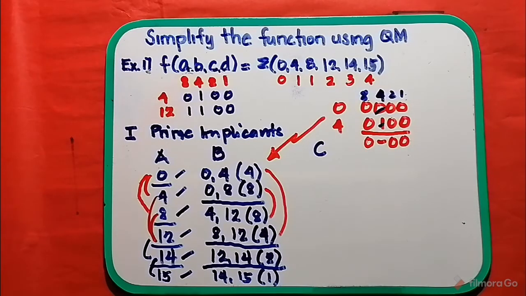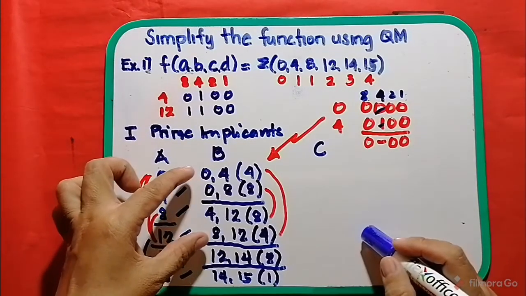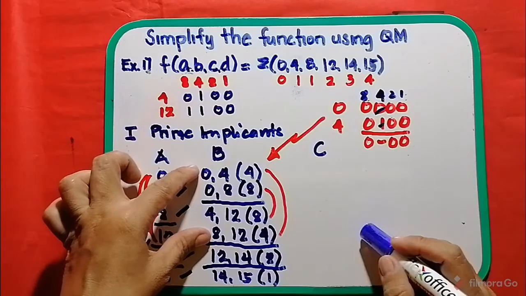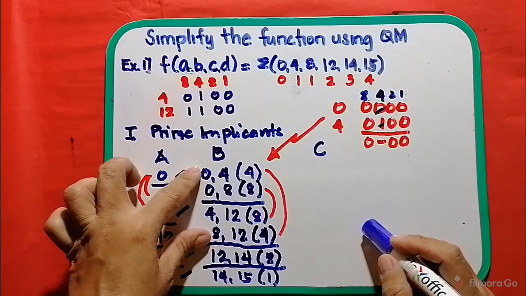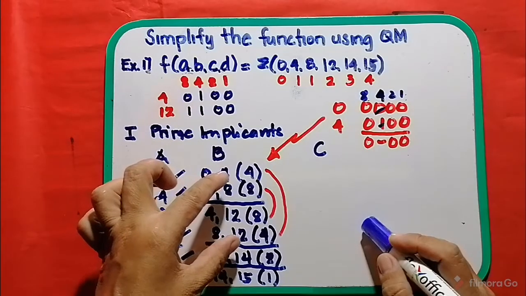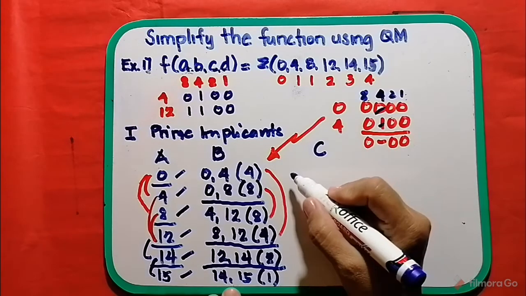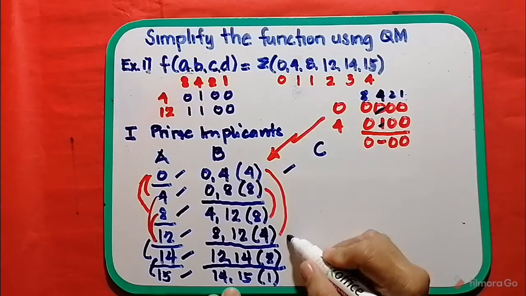Okay? So, the next, same procedure, we get the difference of 0, 8. 0 minus 8 is 8. Now, you can also compare 4 minus 12, that is also 8. Now, since the difference is 8, which is in powers of 2, we therefore put a tick mark.